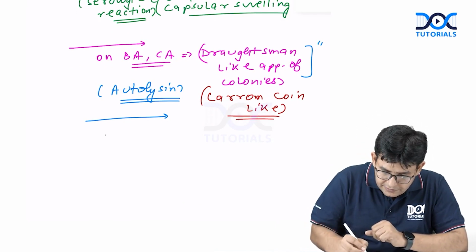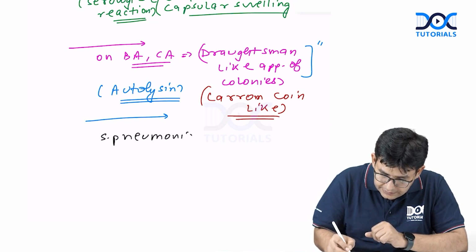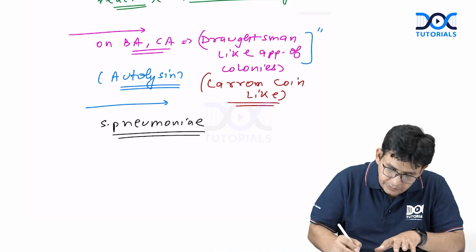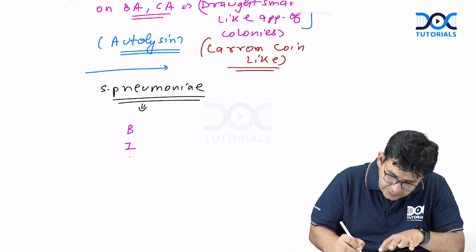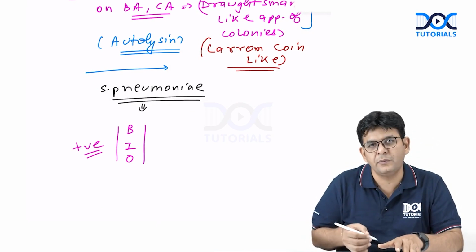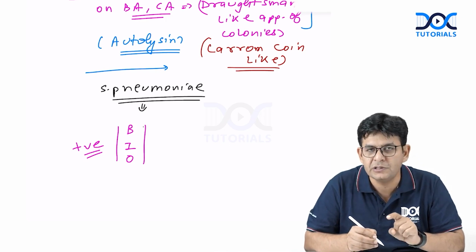This particular Streptococcus pneumoniae, I have just told you in the previous ones that viridans is bio-negative. Streptococcus pneumoniae is bio-positive. Now you should know what this bio is, and why it is coming again and again. Because they are important pairs of reactions, a lot of questions come around them.